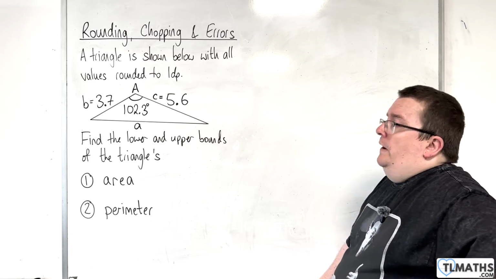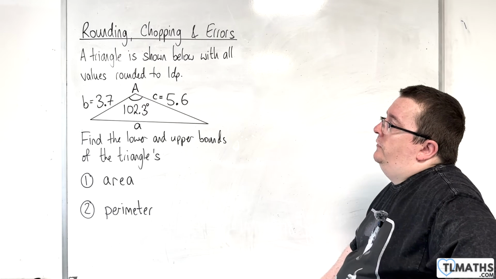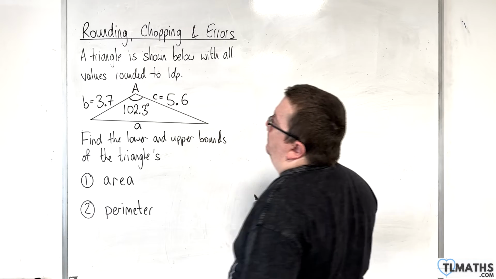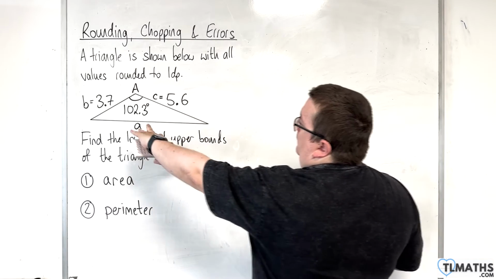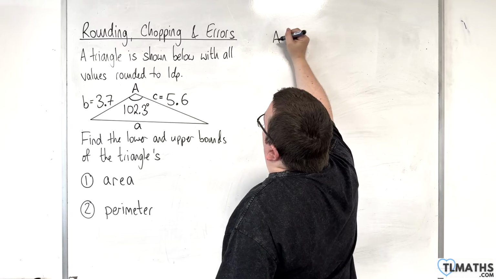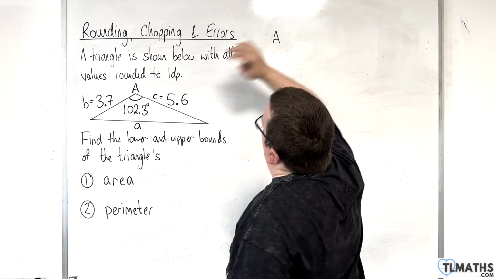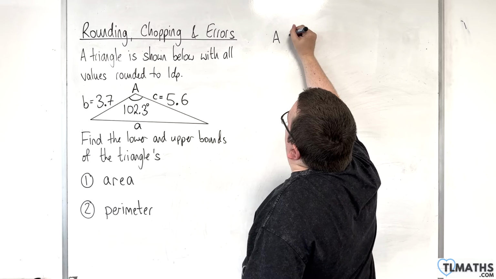So, first things first, we need to find the range of values for each of these. So, let's start with the angle, okay? So, capital A, so I'm going to use capital letters here, just so we know what we're working with, so A being an angle.